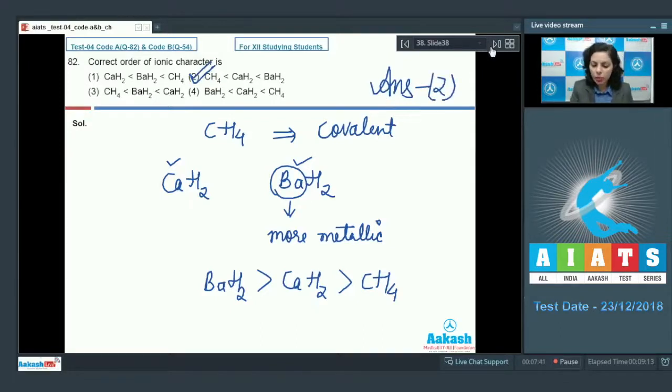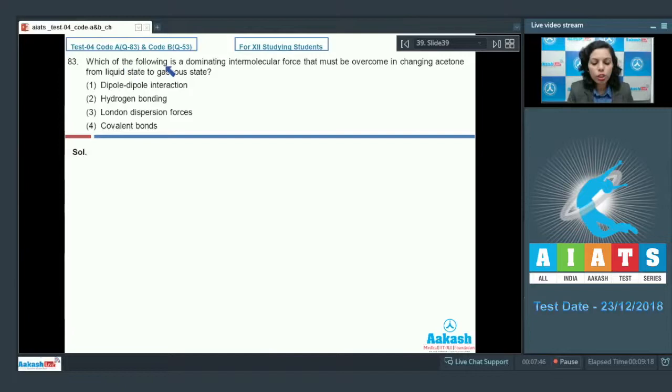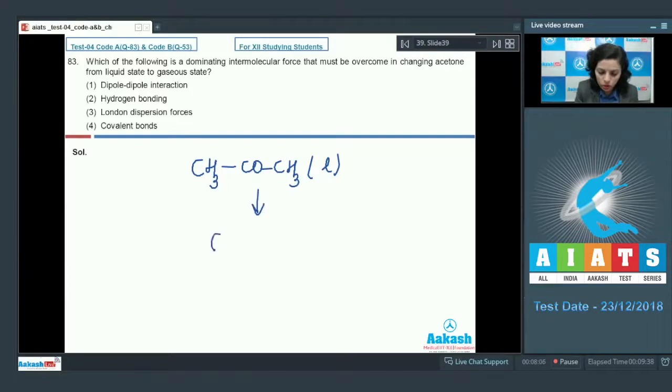Now after this, question number 83. Which of the following is the dominating intermolecular force that must be overcome in changing acetone from liquid state to gaseous state? It means you have acetone. This is acetone. It is in liquid state and you just want to change it into acetone in its gaseous state.